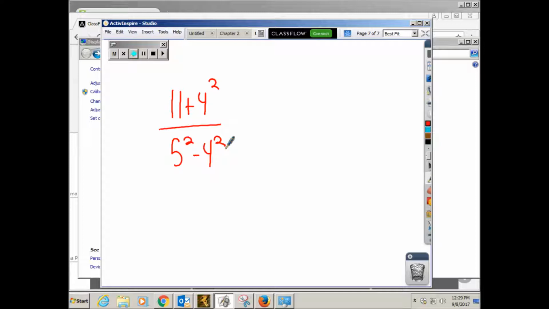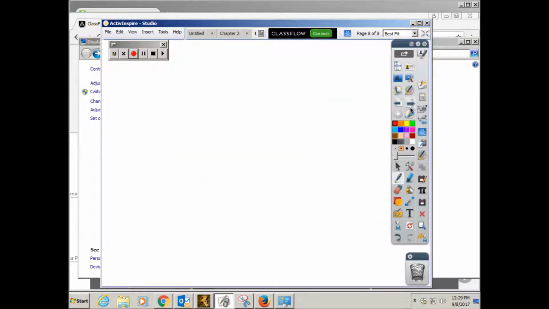So 11 plus 16, divided by 25 minus 16. Awesome. What's 11 plus 16? 27. And the denominator is 9. Did I do that right? And what's 27 divided by 9? 3. Awesome.